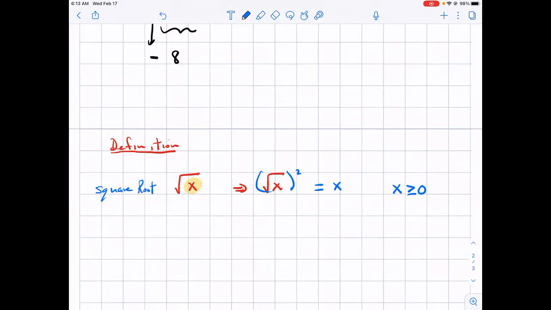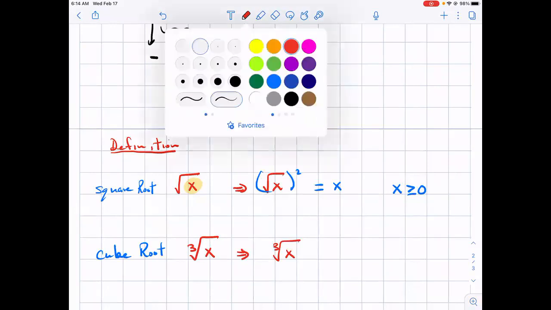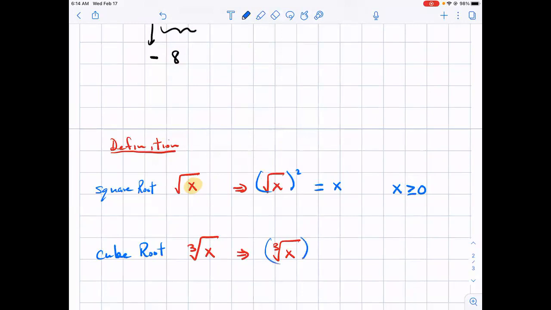The same also holds for what we call a cube root. So the cube root of x, and if we cube the cube root of x, if we raise that to the third power, this is also equal to x.